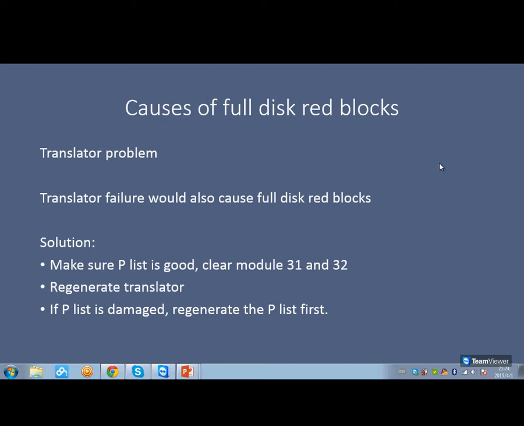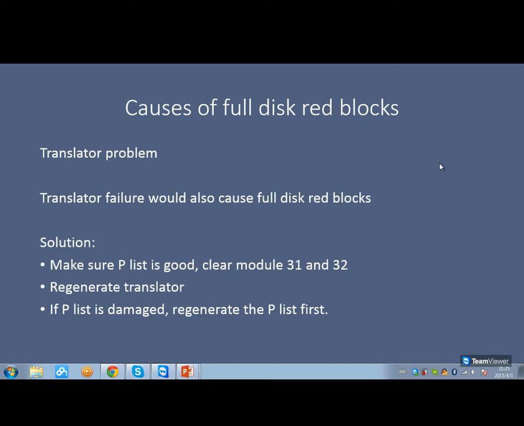Translator and GDIS translator. So if your playlist is good, you have to clear these translators, and then you're going to regenerate a translator. When the translator is regenerated, usually the problem can be fixed.